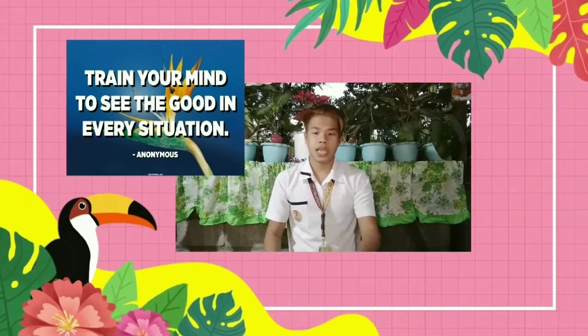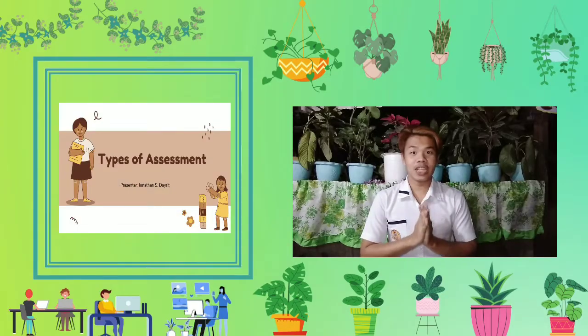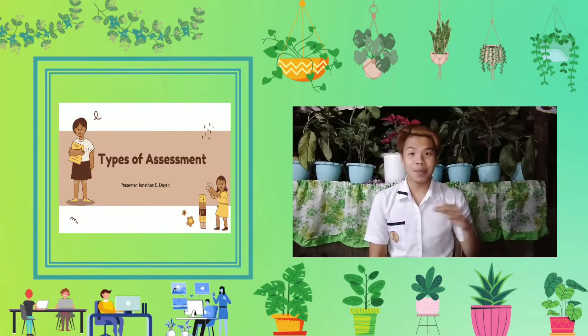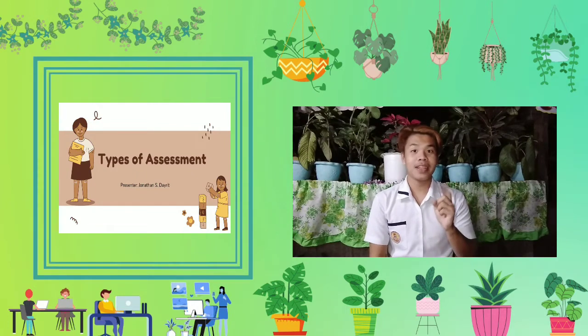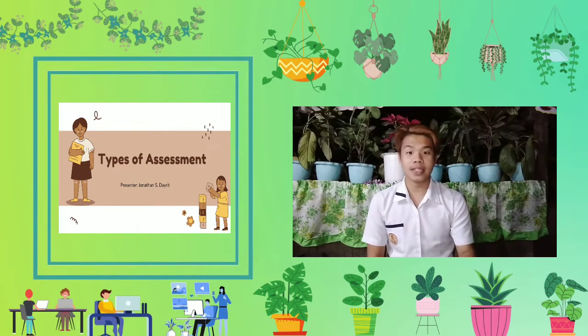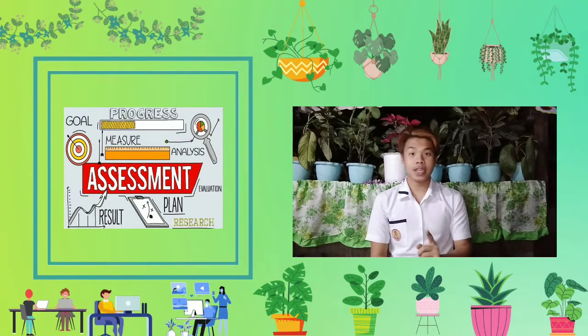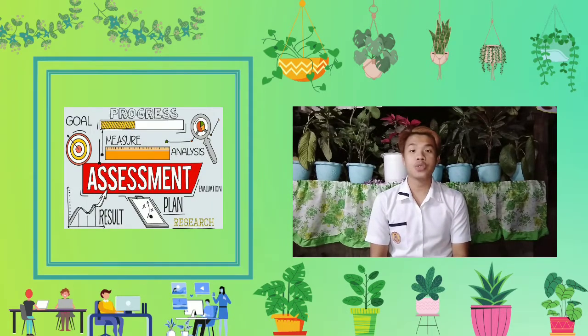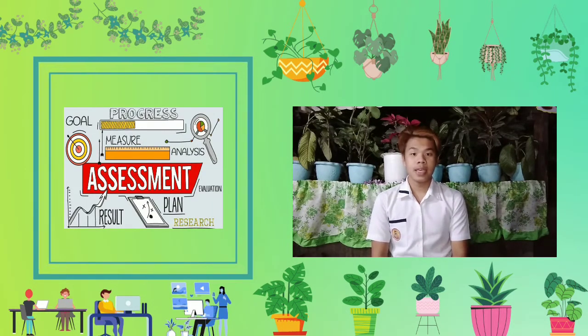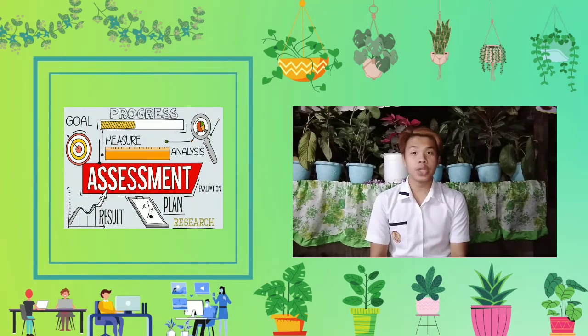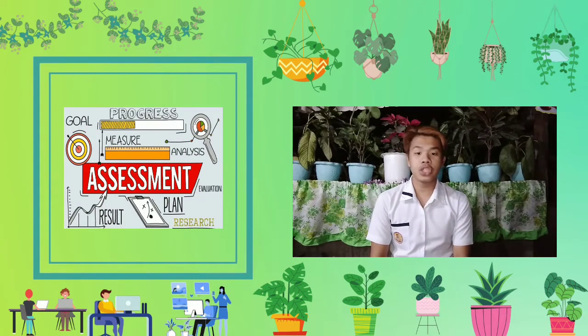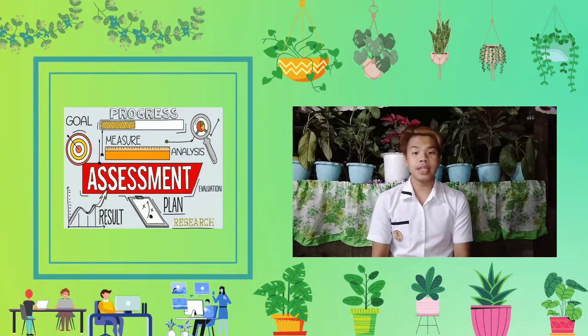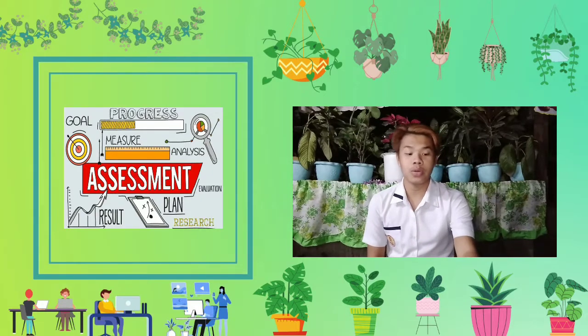For today's lesson, I will be discussing the types of assessment. But before that, let us first define what an assessment is. Assessment is a process that is used to keep track of learners' progress in relation to learning standards and in the development of 21st century skills, and to promote self-reflection and personal accountability among students about their own learning.